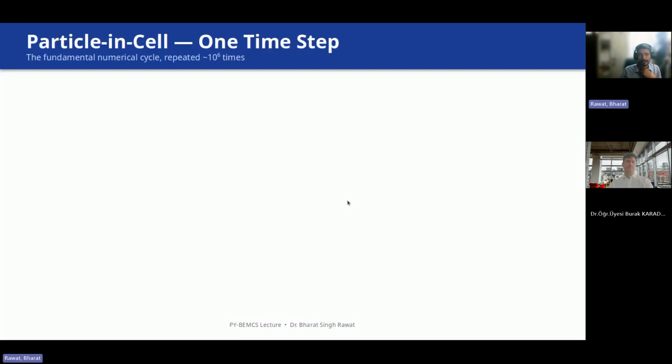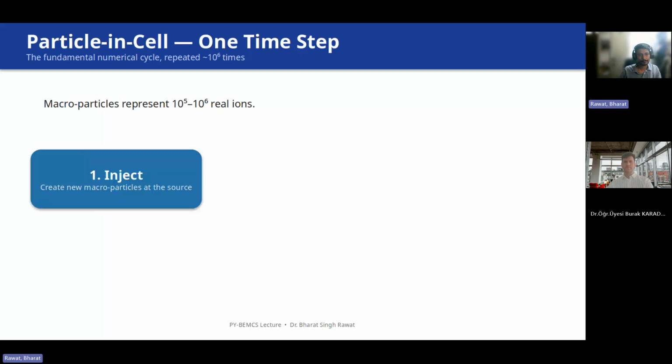Then the particle-in-cell routine, in which you simulate a smaller number of particles, but each particle represents an actual number of real particles. So you don't have to solve the actual Coulomb equations to be realistic. You can approximate it with fewer ions, but it is still very computationally expensive.